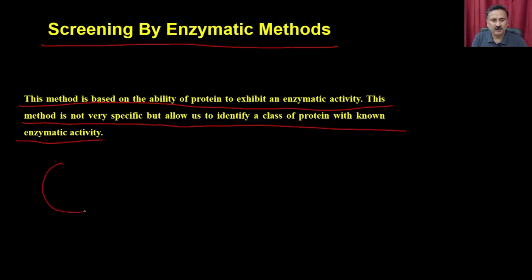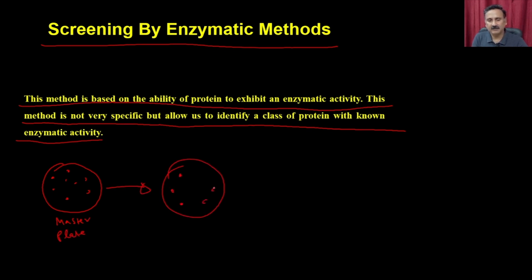You first prepare the master plate, right. So, this is the master plate. From the master plate you prepare the replica plate, and this is going to be your replica plate. From the replica plate you first transfer onto a nitrocellulose membrane.